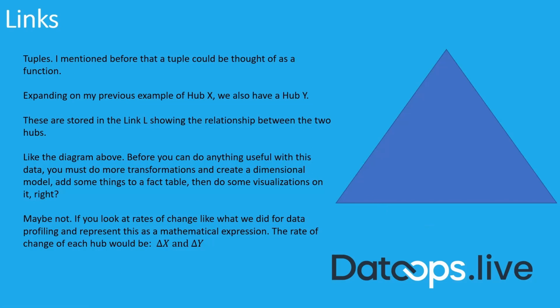As we talked a little bit about the dimensional data model, everybody thinks you have to transform anything into a dimensional data model before you can do analysis on it. Maybe, maybe not. If we look at the rates of change of the relationship within the link table between hub X and hub Y, the rate of change of each of these, delta X and delta Y, that looks strangely familiar.